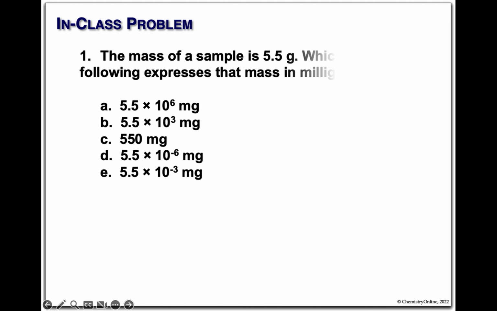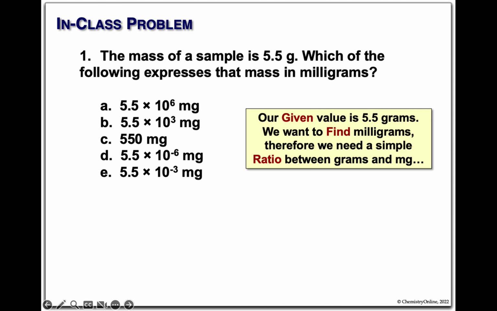All right, our first question, simple mass conversions. We have 5.5 grams in our sample. Express that in milligrams. Our given value is our 5.5 grams. We need a ratio relating grams and milligrams, and grams must be in the denominator.